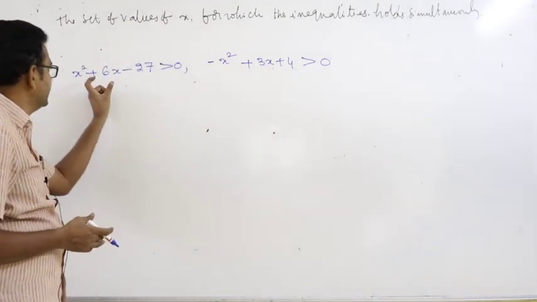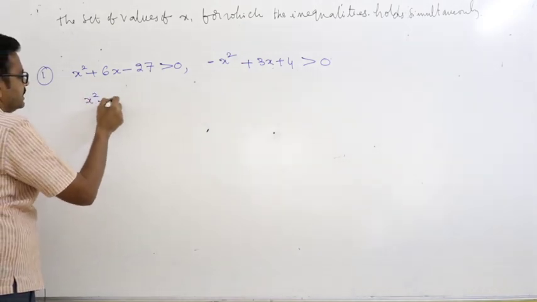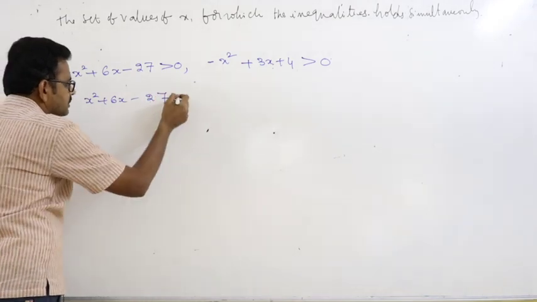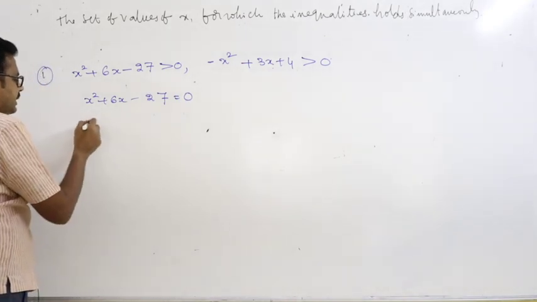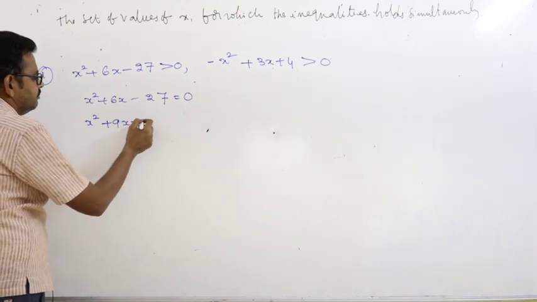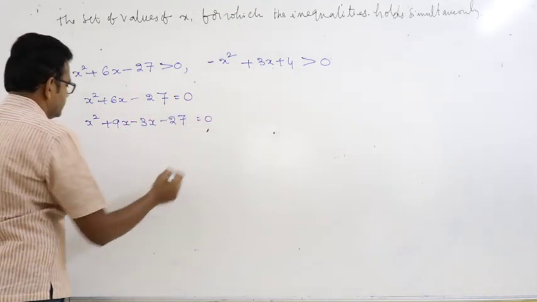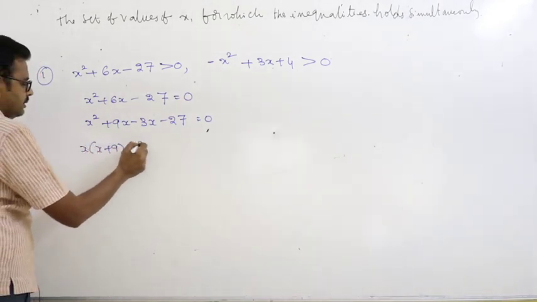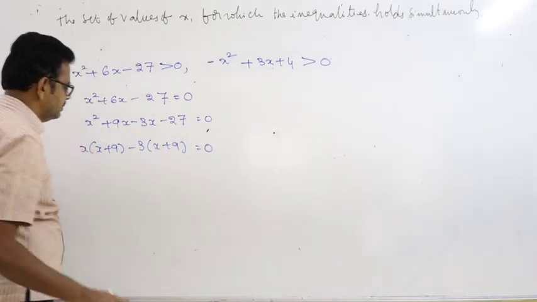First of all, you have to find this one. So, x square plus 6x minus 27. First, take it equal to 0 and find the roots. x square plus 9x minus 3x minus 27 equal to 0. x common, x plus 9, minus 3 common, x plus 9 is equal to 0.